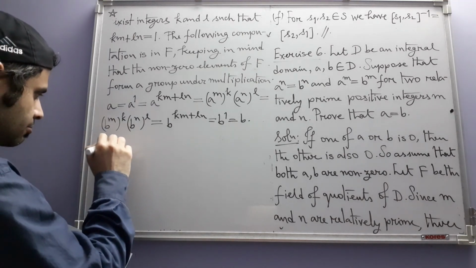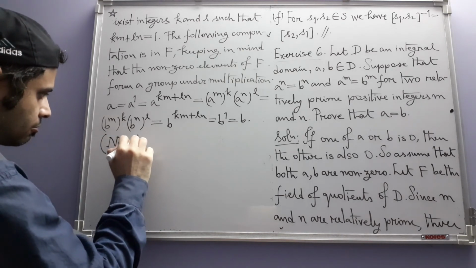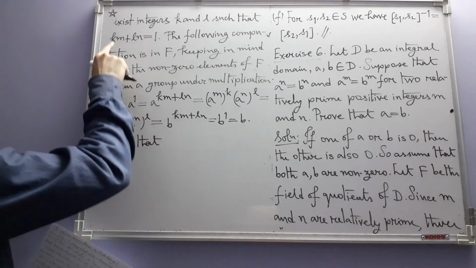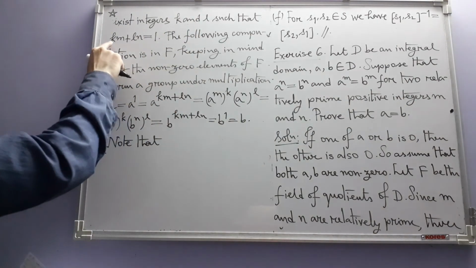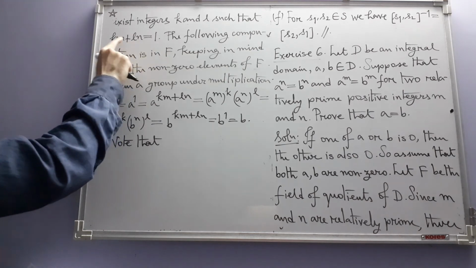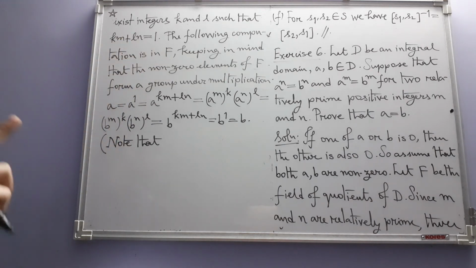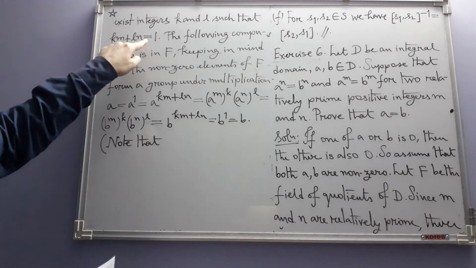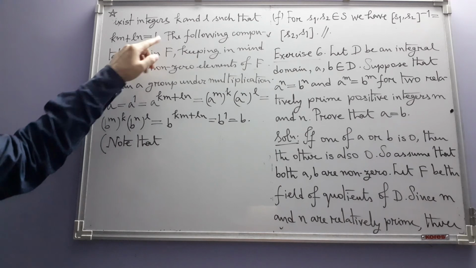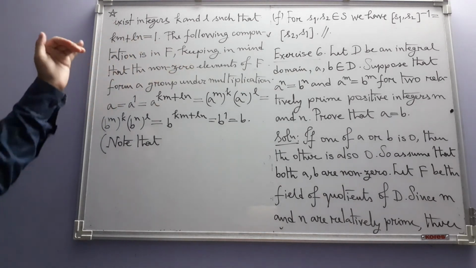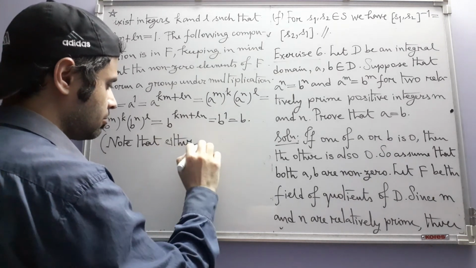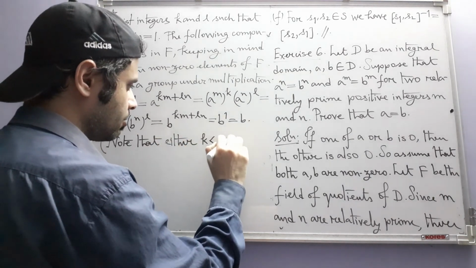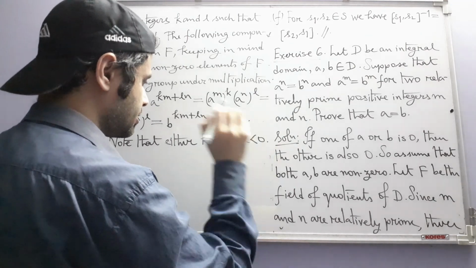Note that both m and n are positive integers, so actually one of k or l will be positive, the other will be negative, because otherwise we cannot have this smallest positive integer. Note that either k is less than 0 or l is less than 0.